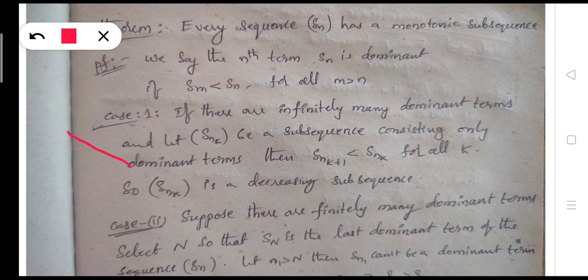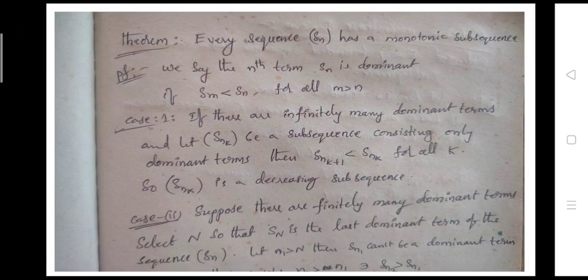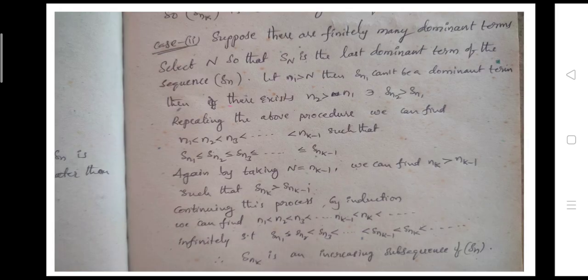Case 2: suppose there are finitely many dominant terms. Select N so that S_N is the last dominant term of the sequence S_n. Let n_1 be greater than N, then S_{n_1} can't be a dominant term.